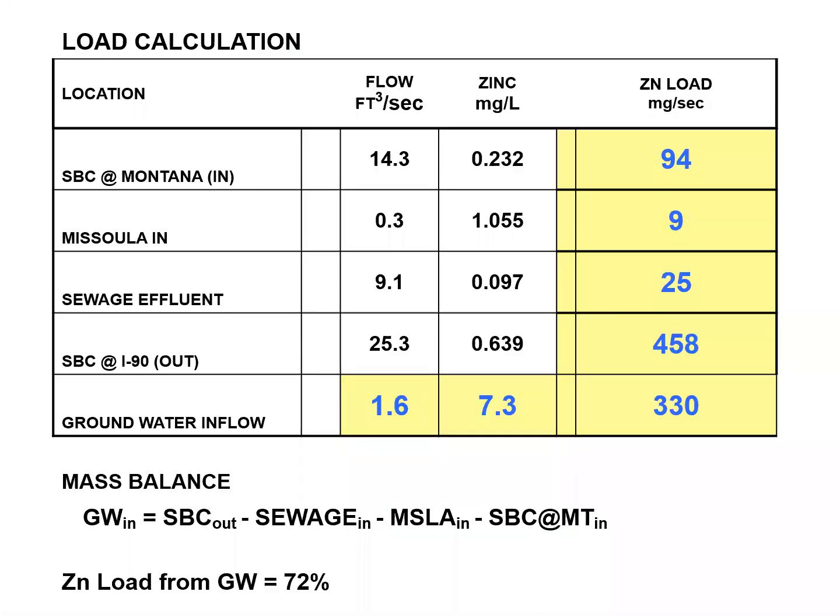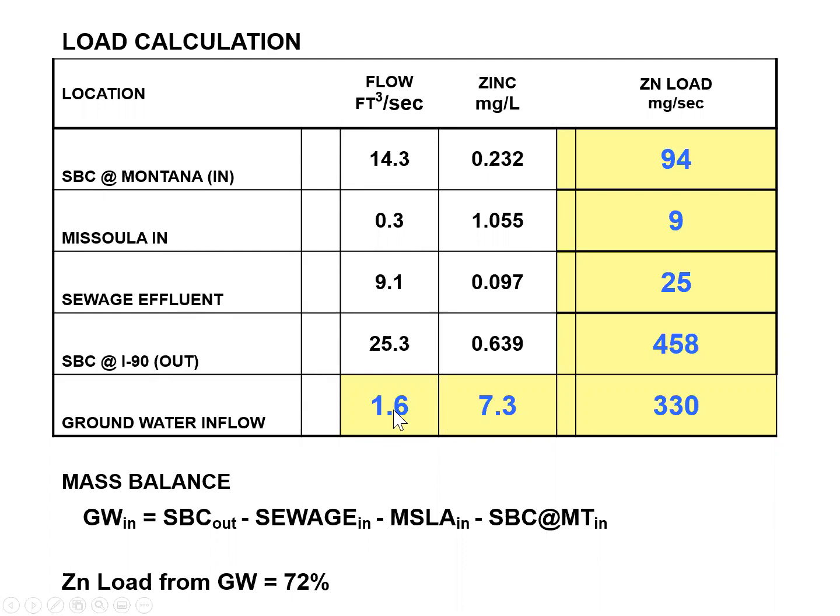So here's how you put it together. You have to use your conversion factors, but they measure flow at Silverbow Creek at Montana, then Missoula Gulch in, and the sewage treatment plant in, and then Silverbow Creek out.